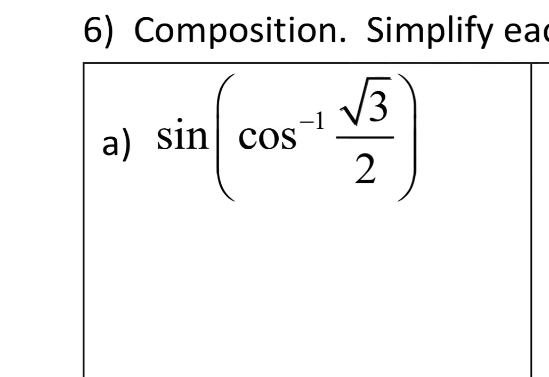So the first thing that you want to consider is the inverse cosine of radical 3 over 2. So I'm going to ignore the sine for a minute, that sign at the beginning of the problem. I'm going to look at inverse cosine of radical 3 over 2. Inverse cosine of radical 3 over 2 is 30.